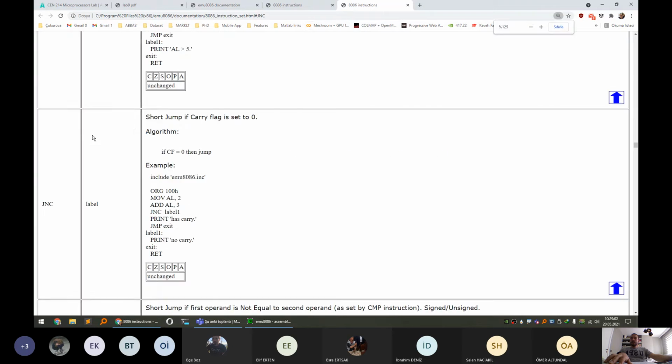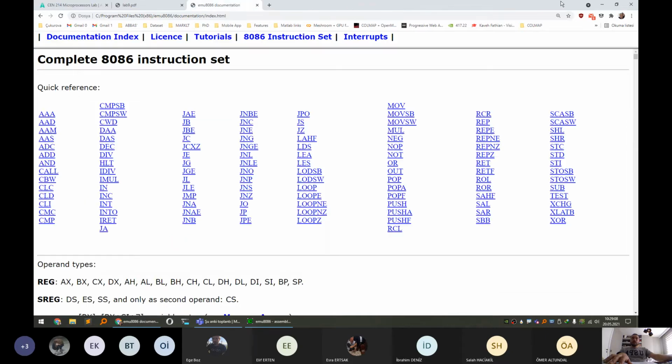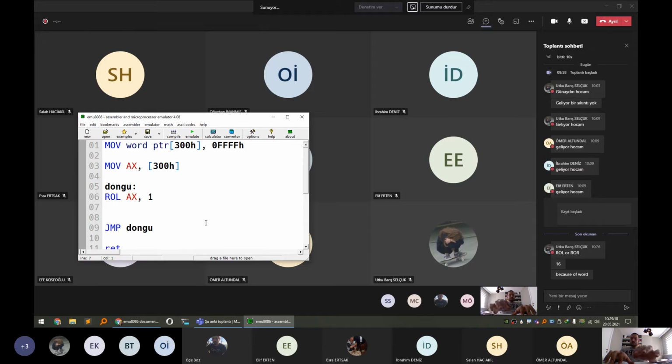J not C means short jump if carry flag is set to 0. Pretty straightforward. I'm going to use not C. When carry flag not set it will jump.